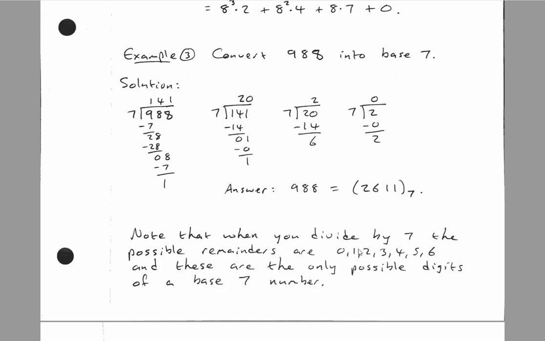And also, something we've noticed before, if you divide by 7, then the possible remainders have to be strictly less than 7. So 0 through 6. So these remainders, you're never going to see 7s or 8s or anything higher. So these digits are always between 0 and the base minus 1.